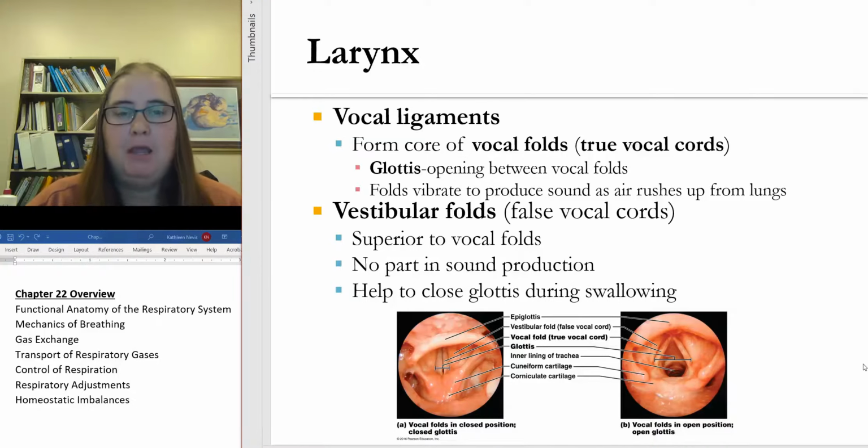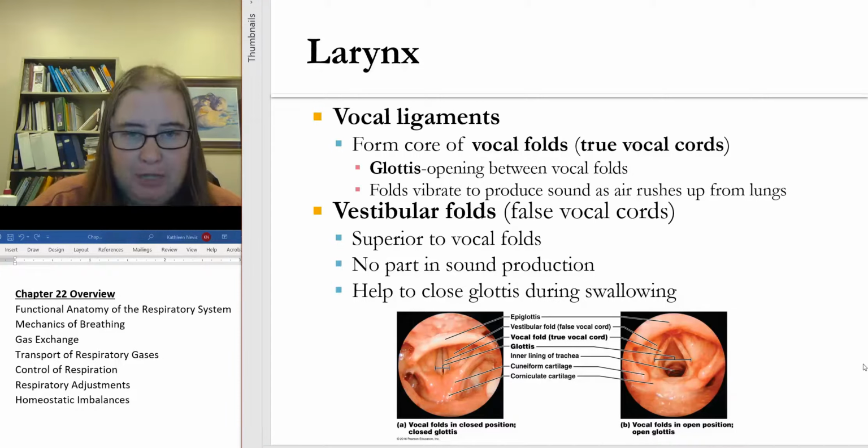Our vocal cords, or what we actually call vocal folds, are created by a group of ligaments. These two structures right here are those two ligaments.